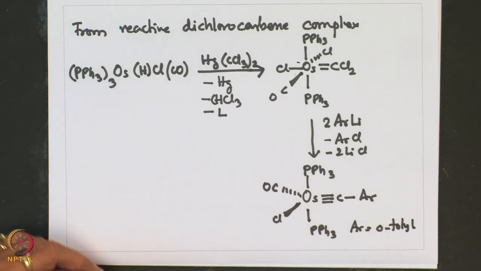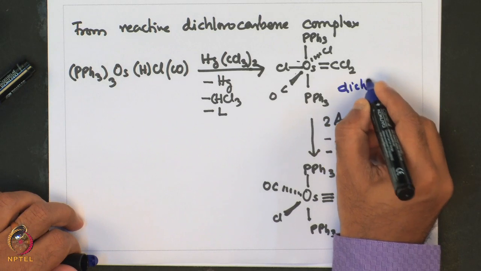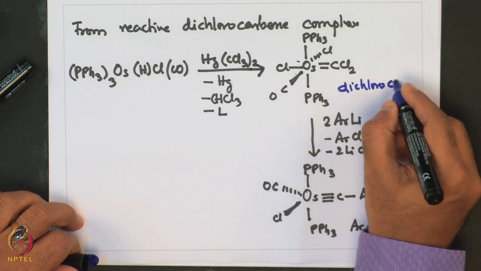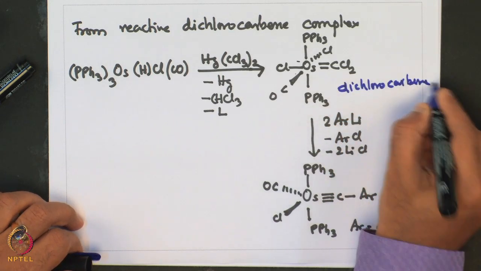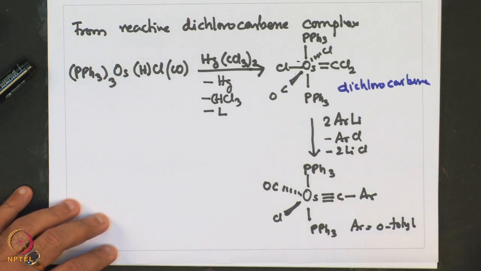So, what one sees is that this dichlorocarbene complex when treated with aryl lithium gives the carbyne complex.